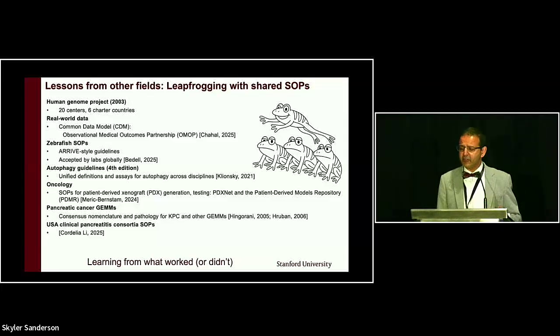The long-authored autophagy guidelines are now in their 4th edition, and they cut across disciplines and provide unified definitions. They're shining examples in oncology, including in pancreatic cancer GEMS, and recently with the US Clinical Pancreatitis Consortium SOPs. Well, we can learn from them for what worked or didn't.